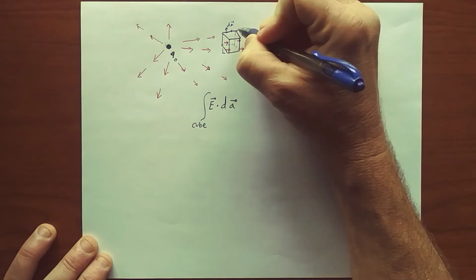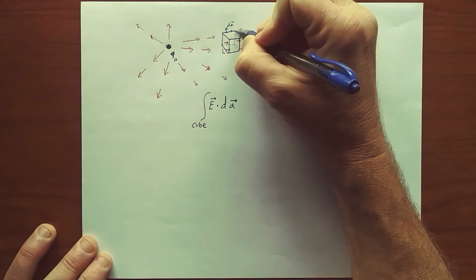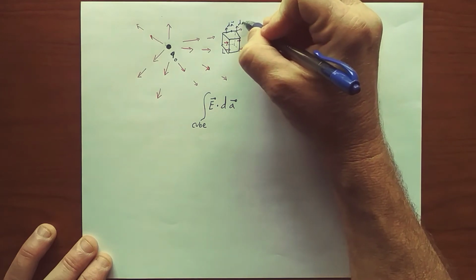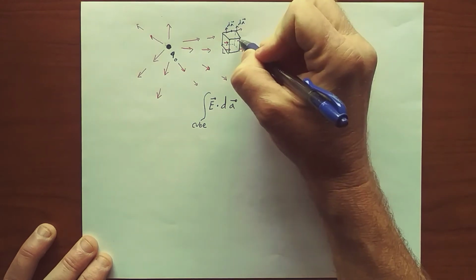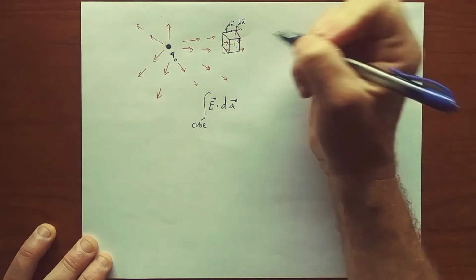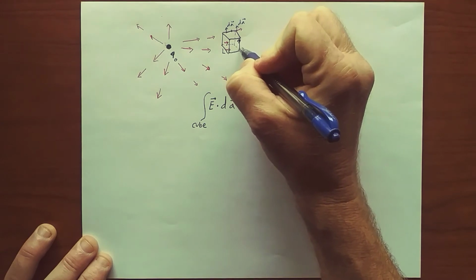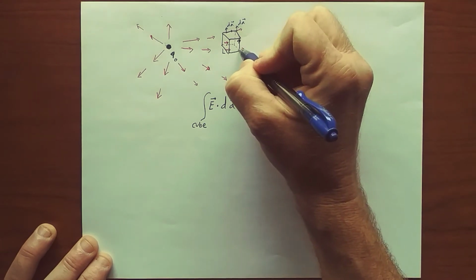Here my dA is pointing, it depends on where we are, but if this is on the top here, then the dA is still pointing upwards. If we're on the other side here, the dA is pointing in the same direction as the electric field. Here it's pointing in that direction, but there's probably some angle there.